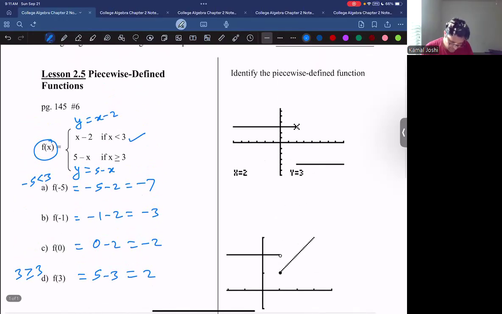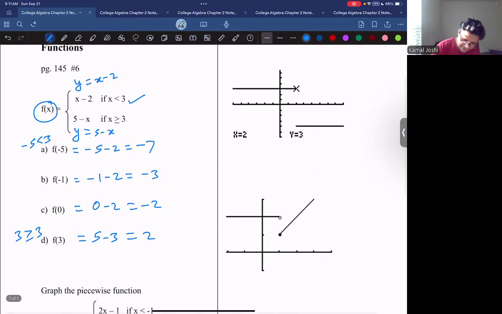I'm not sure why they didn't ask for a value which is greater than 3. So let me just add one value here. Suppose I were to ask you to evaluate f of 5, right? Because 5 is greater than 3, 5 is equal or greater than 3 is true. So you will apply the second rule, which will be 5 minus 5, 0.